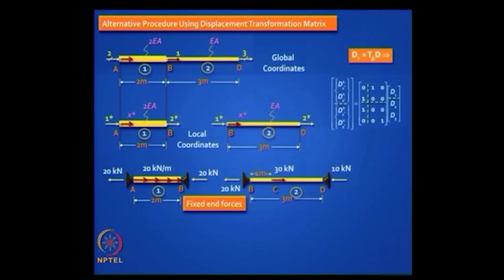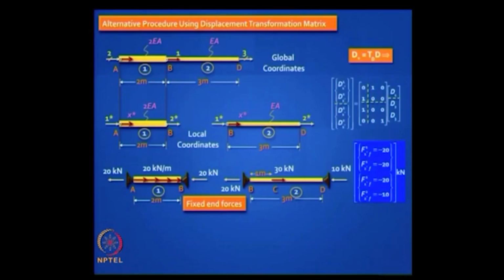How do you convert it from local axis to global axis? So this is the local axis, agreed? For the first element minus 20 minus 20, for the second element minus 20 minus 10 kilonewton. Do you understand? This refers to this element, this refers to this element, minus means pointing towards the left. Does it make sense? We did this in the last class.